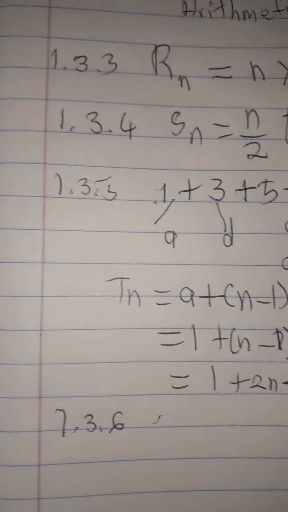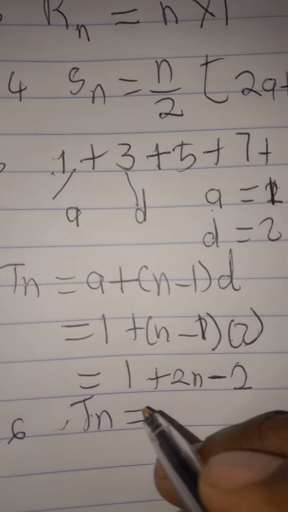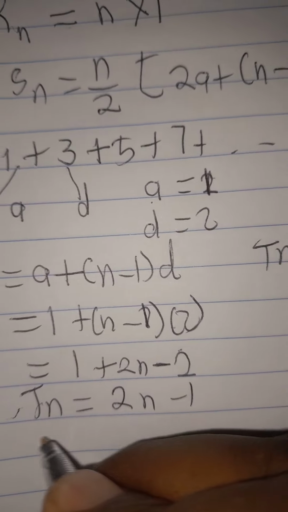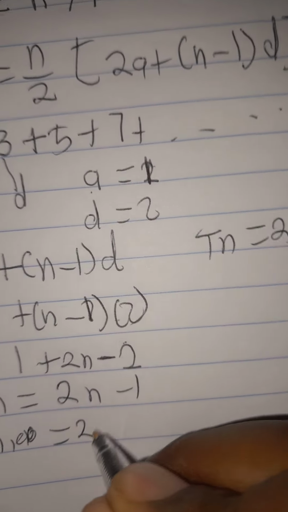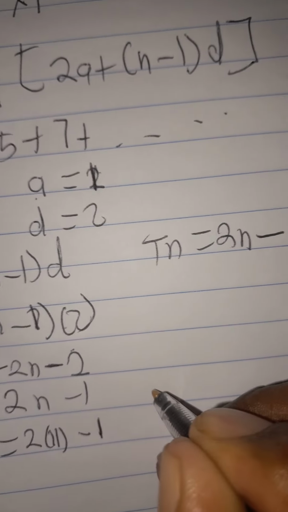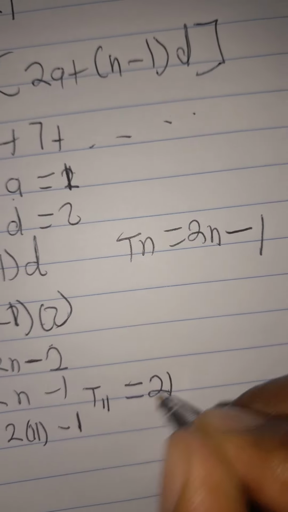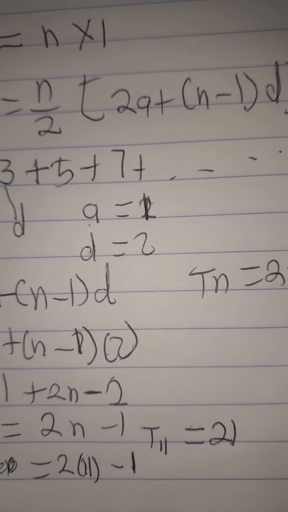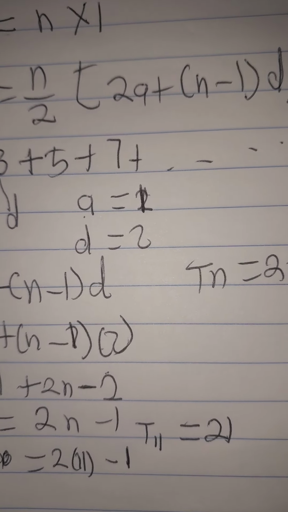So the first term in row 5 was 21. In this case, using the formula that we derived at 1.3.5, we will substitute T11 here. T11, sorry for that, 2 times 11, that's 22, and 22 minus 1 will be 21, right?